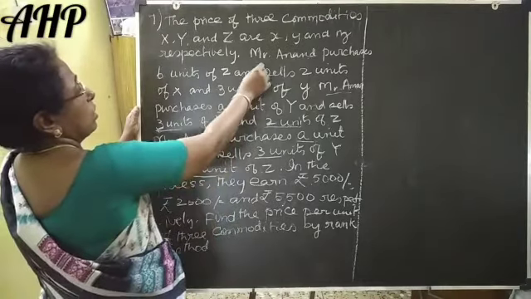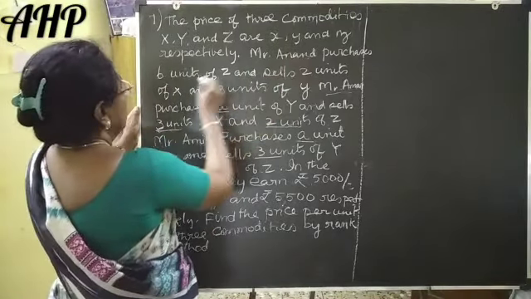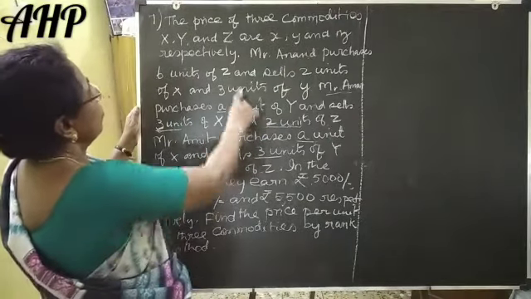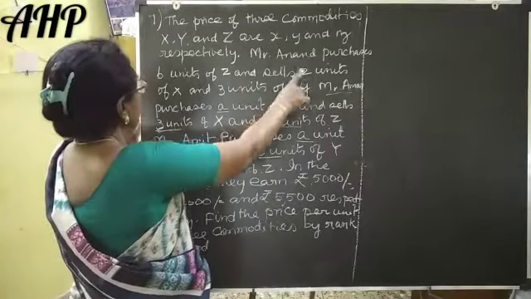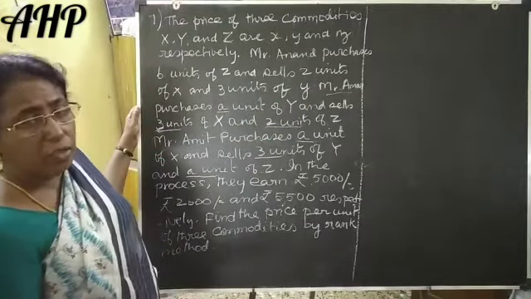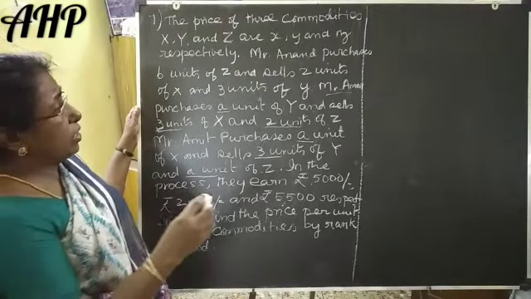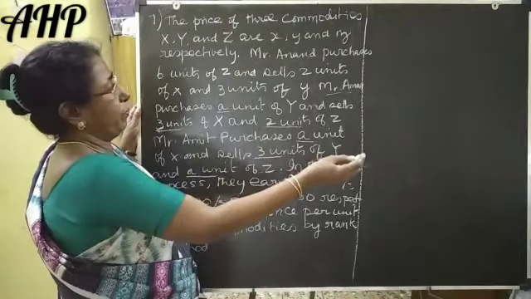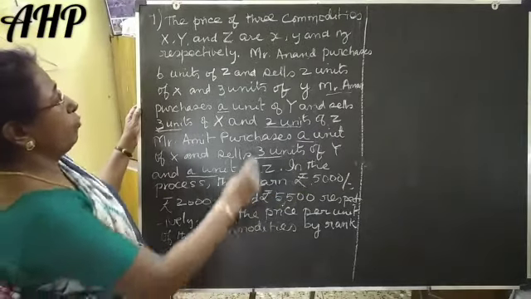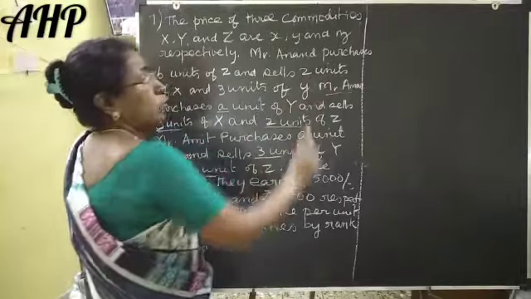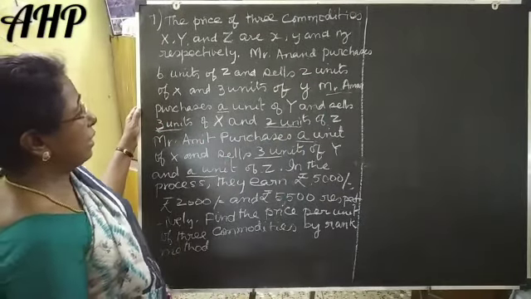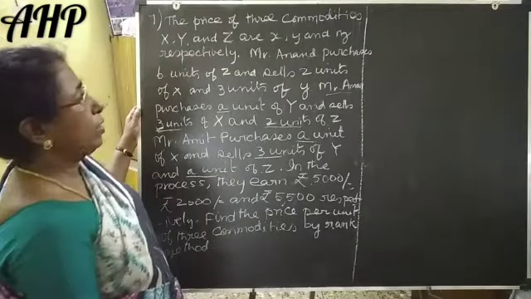The first one, Mr. Anand is purchasing 6 units and selling 2 units of X and 3 units of Y. So when he purchases, he is giving his money. But when he is selling, he is getting back his money. So whenever there is a purchase, we use negative sign. And whenever there is a selling, we use positive sign.